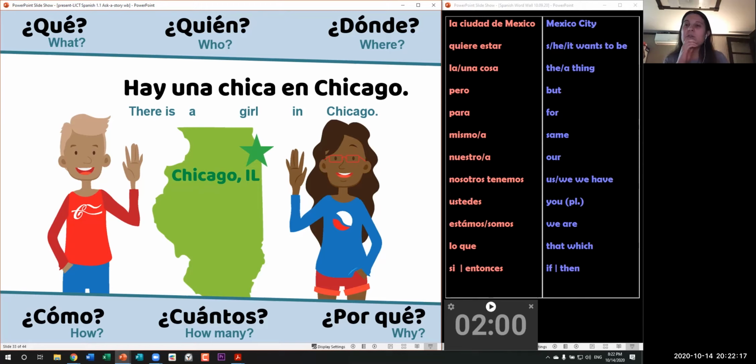Okay. So when you're saying nuestro or nuestra, do you make it feminine or masculine based on the noun? Yes, on the noun, el cuento.